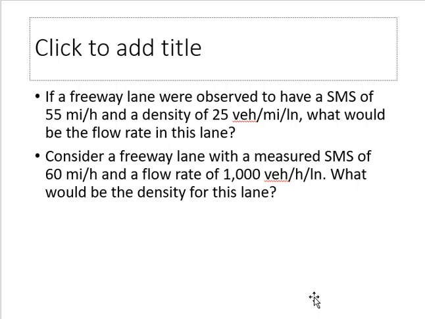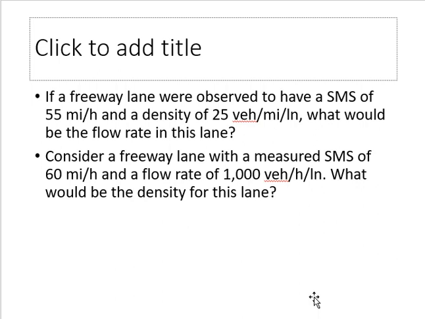Simple. What is SMS? Space mean speed. Don't think the highway received an SMS. So SMS is space mean speed, and what else is given? Density. Now you do what with them to get flow rate? You multiply.